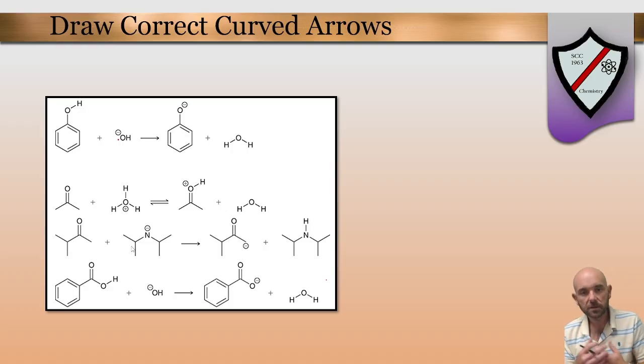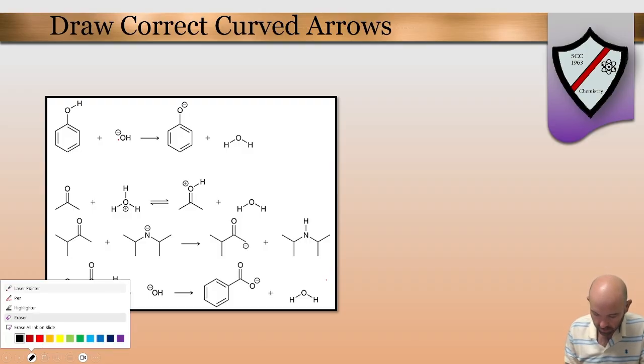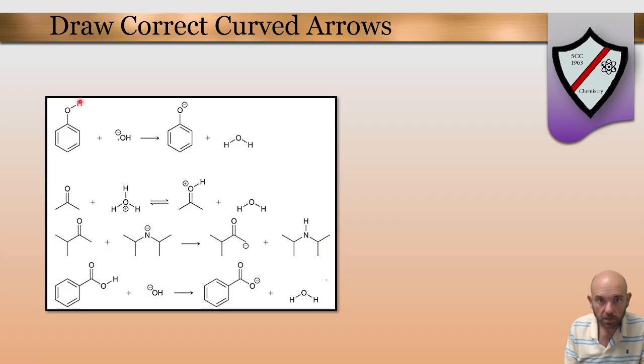As promised, here on this slide we have some examples of drawing the correct curved arrows for some acid and base interactions, and we're going to take a look at these. The first thing you have to do is figure out what happened in one of these reactions. So if we're looking at the first example here, what we may notice is the hydrogen, or proton if you will, at this point here disappears and reappears at this structure here after all is said and done.